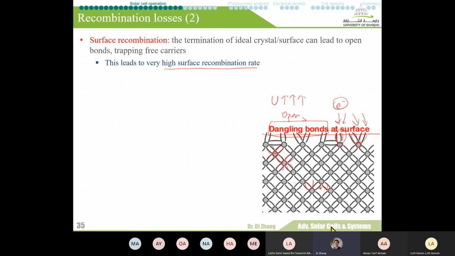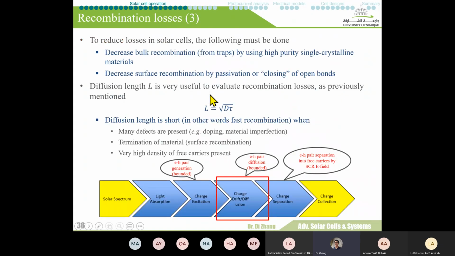Essentially, both bulk and surface recombination are important to consider, because if you want to increase solar cell performance, you have to work from these two aspects. That's why we say that to reduce the recombination losses in solar cells, you can work from the following angles. First of all, try to decrease the bulk recombination by using high quality, high purity material.